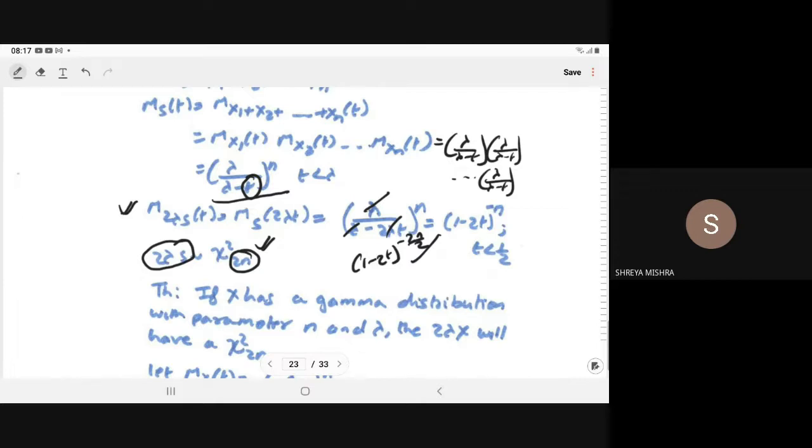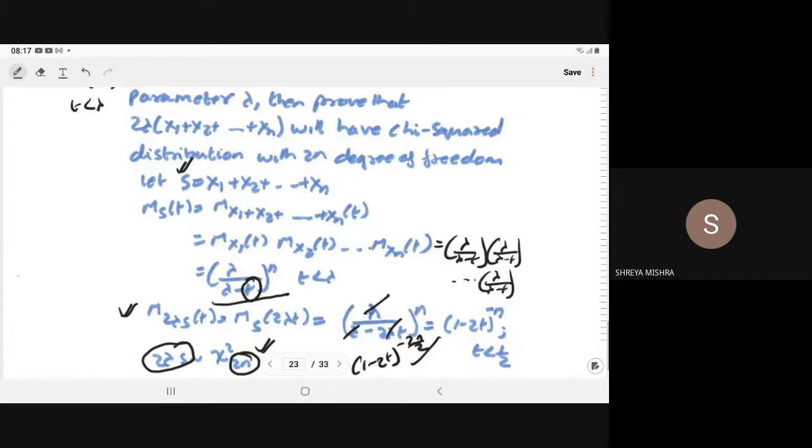In the previous class I told you that if x1, x2, ..., xn follow the exponential distribution, then their sum follows which distribution? Anyone? If x1, x2, ..., xn are independent exponential variates, then x1 plus x2 plus ... plus xn follows the gamma distribution with parameters n and lambda.